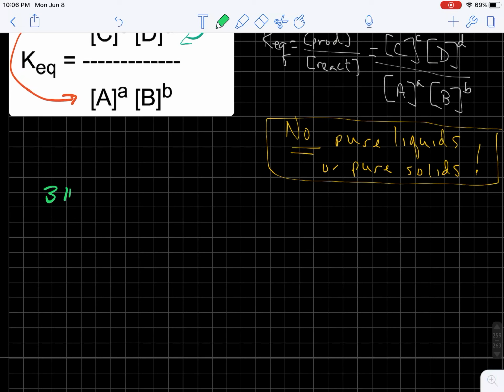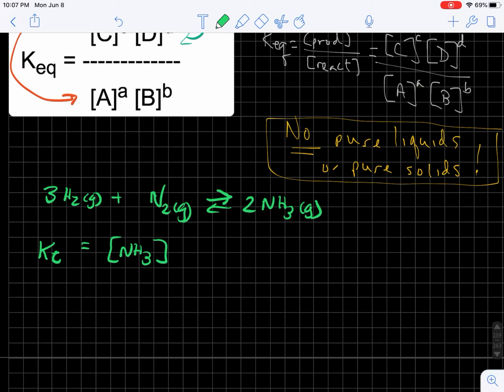So we get 3 moles of hydrogen gas plus 1 mole of nitrogen gas. And that's going to produce 2 moles of ammonia. All of these are gases. Now there's 2 ways you can write this. You can always write it as Kc, which means equilibria based upon concentration. So we do the concentration of our products, and we raise it.